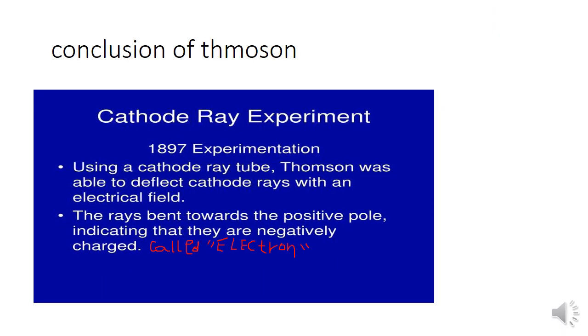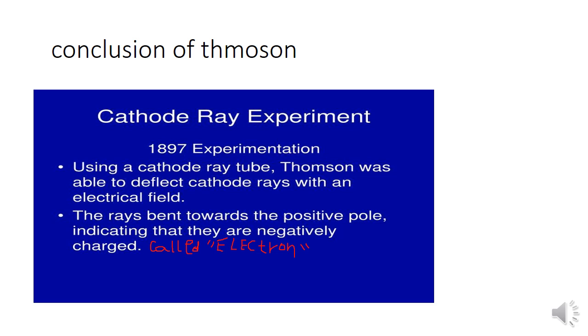By conclusion, by using a cathode ray tube, Thomson was able to deflect cathode rays with an electric field. The rays bent toward the positive pole. Angarona ko amarays yagiye kuri positive pole. Byerekana ko they indicate that they are negative charged.